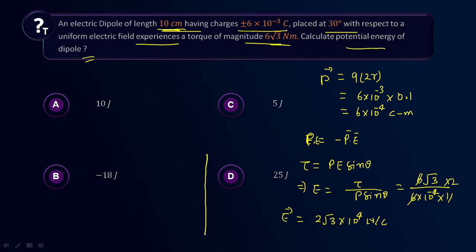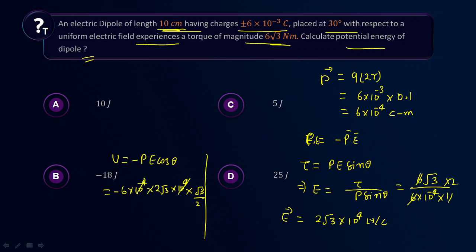Clear? Now, if I want to find potential energy, we know that potential energy is equal to minus PE cos theta. Now all the terms we know, so we can just put the values. It will be minus 6 into 10 to the power minus 4 into 2 root 3 into 10 to the power 4 cos 30, which is root 3 by 2.